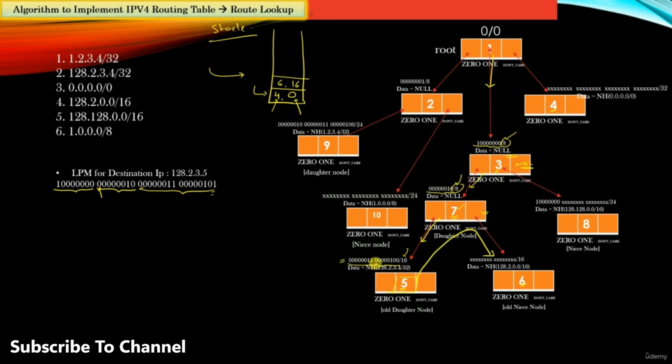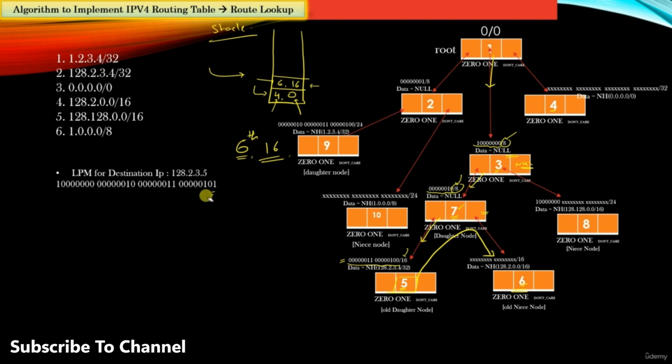But how? We will pop the element from the top of the stack. Popping the element says that we need to begin our search from node 6, and we have successfully passed 16 bits of our input string.